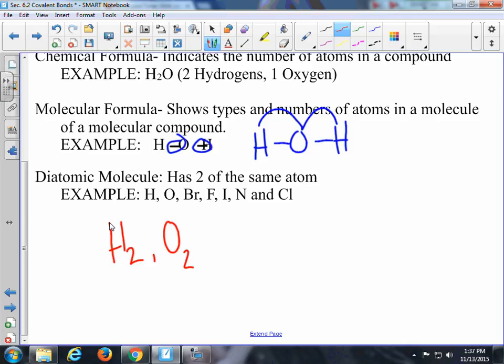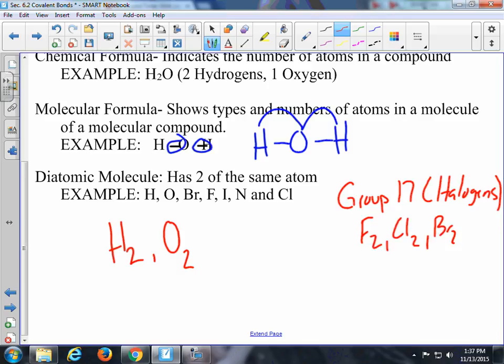There are a handful of diatomic molecules on the periodic table. What are they? Well, they are group 17, the halogens: fluorine, chlorine, bromine, and iodine. They exist as F2, Cl2, Br2, and I2. And then we have hydrogen, oxygen, and nitrogen. You might have to come up with a mnemonic to remember that.